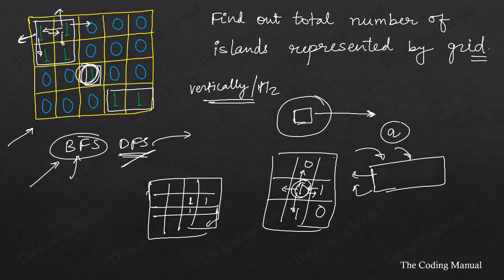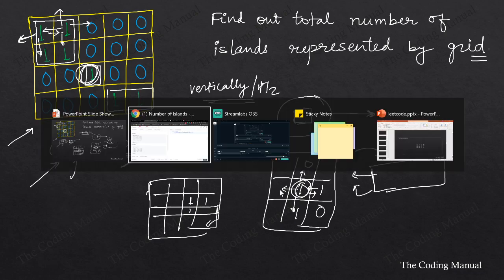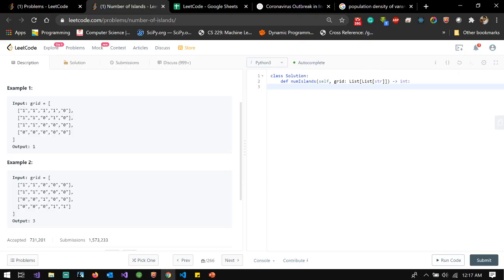So let me write the code here. Suppose the grid that we have is empty, if the grid doesn't exist, we have to return 0 because there are no islands.